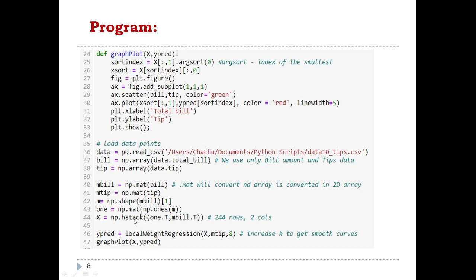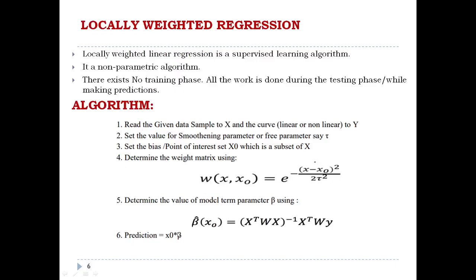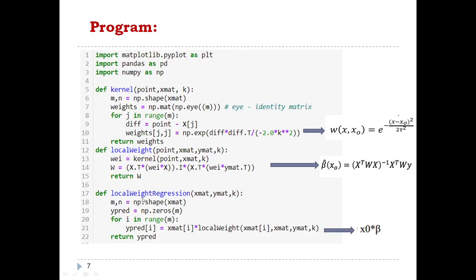Okay, so we'll see what happens in this function, local weight regression. When this particular statement calls this function, it will invoke this function. Here xmat is nothing but the bill amount, ymat is nothing but the tips amount, and k is nothing but the local points.